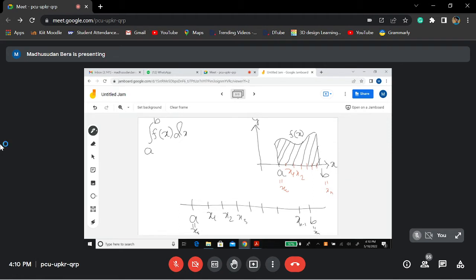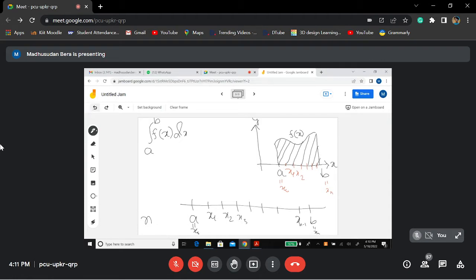What is the total length of the interval A to B? B minus A. If the small subinterval length is h, with n subintervals in total, then n into h equals b minus a.